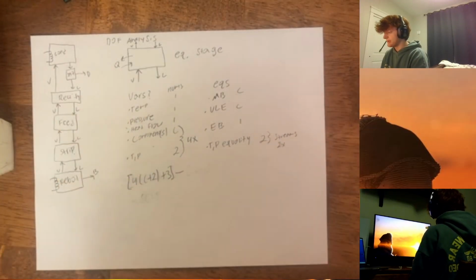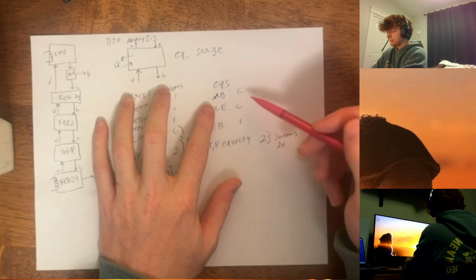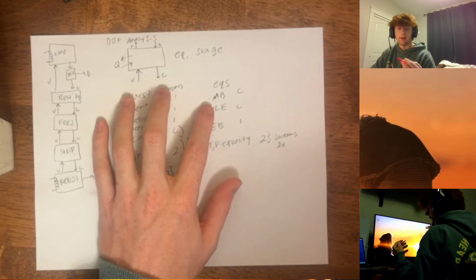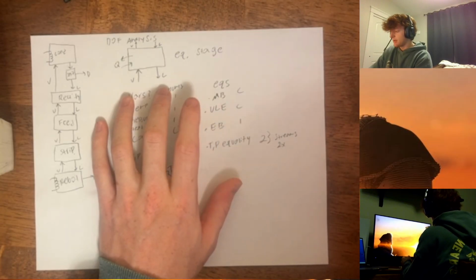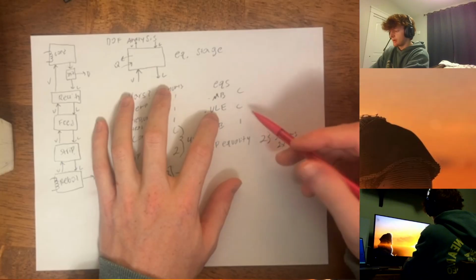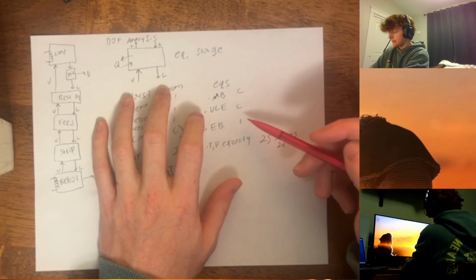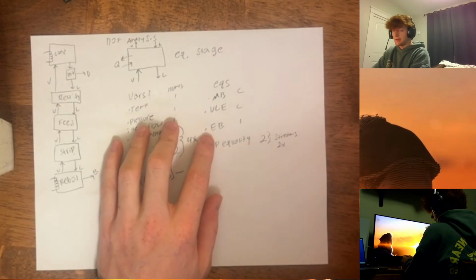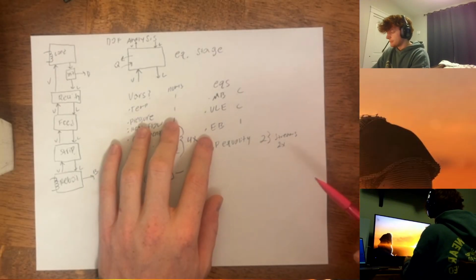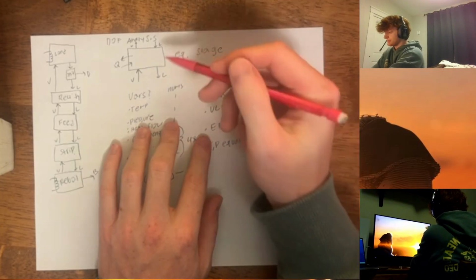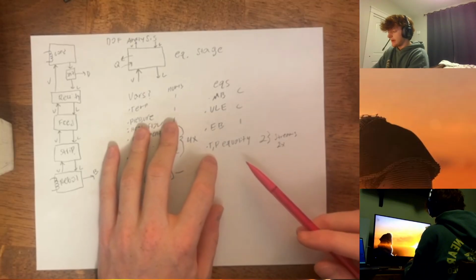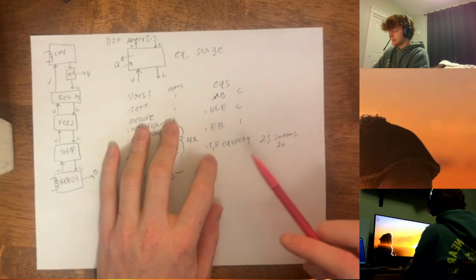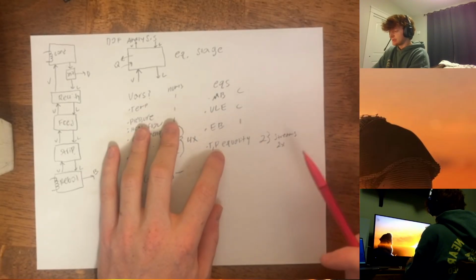For this equilibrium stage, we're going to have a mass balance for each of the components that we have, and we're also going to have a VLE relation for each of the components, which is going to involve our equilibrium factors. We'll have an energy balance, just one of those for our whole system, or for just this box right here where we set our boundary, and we'll have a temperature and pressure equality for each stream.